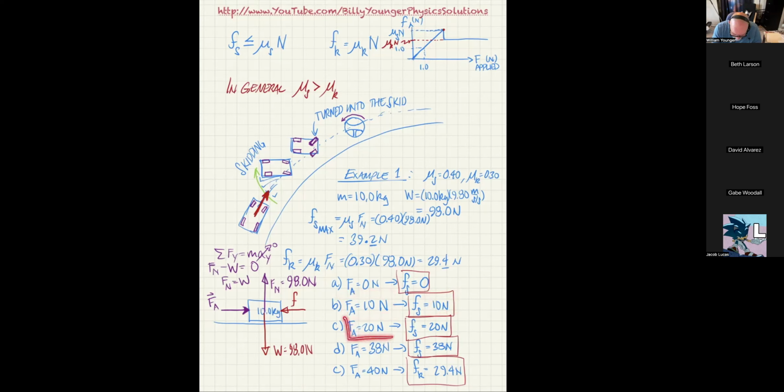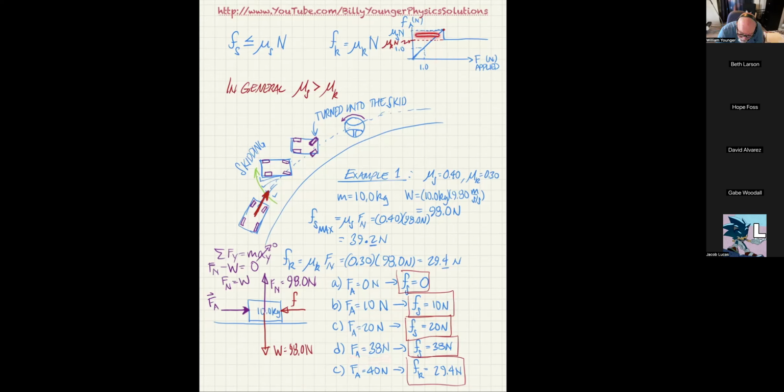When the FA is 20 newtons, again, that's less than the 39.2. So the static friction will reply again by doing exactly the same force. So the static friction is the friction force that's engaging, and it's only 20 newtons. When they go up to 38 newtons, they're getting closer. They're right here.